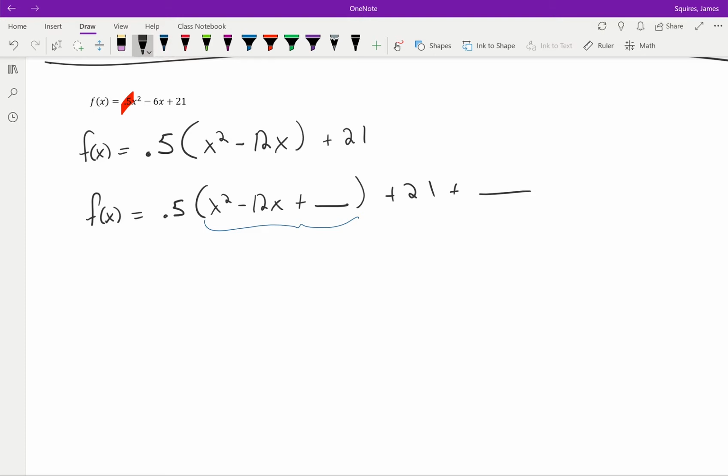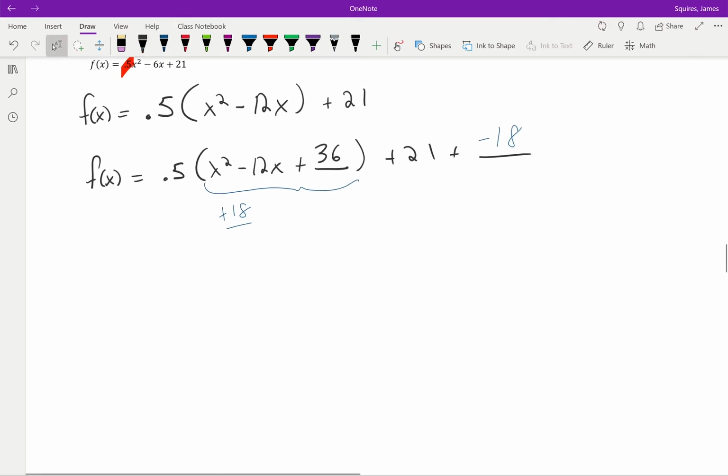So if we add 36 in the middle right here, now the inside of the parentheses is a perfect square. But note that if we're adding 36 inside the parentheses, what we're really doing is adding 18 to the right hand side of the equation, because 0.5 times 36 is 18. Now if we added 18 to the right hand side of the equation, we want to make sure that we subtract 18 from the right side of the equation as well.